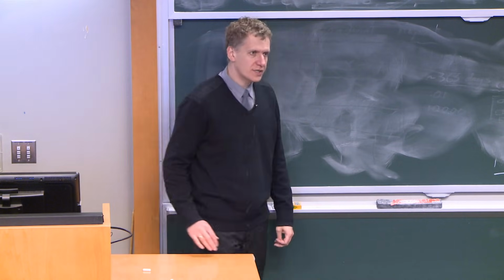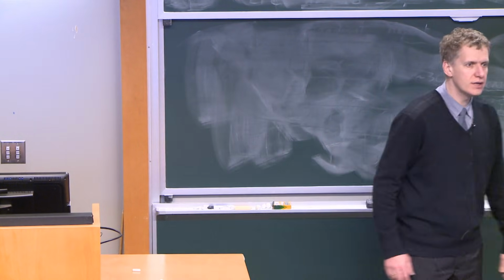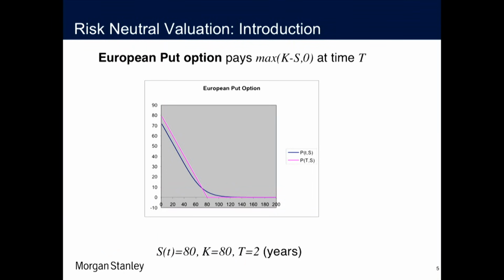Another simple contract, which is kind of dual to call option, is a put option. So put option, on the contrary, is a bet on the asset going down rather than up, right? So the payout is maximum of K minus S and 0. So it's kind of reversed.